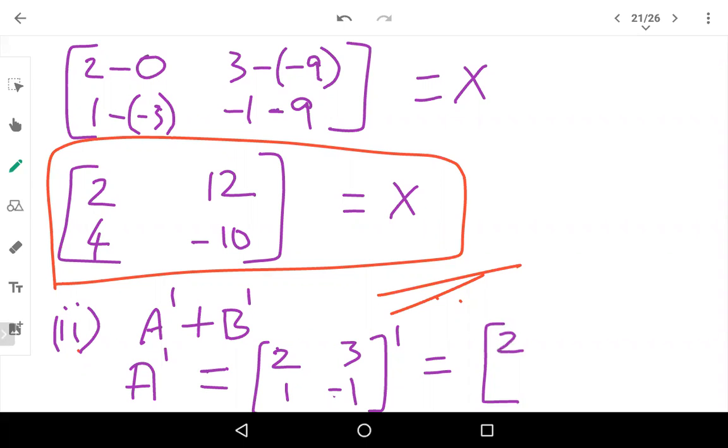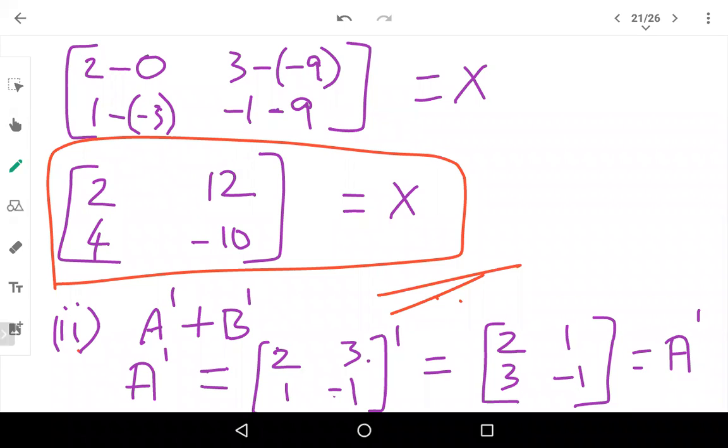So 2 and 1 will become the first row. Next, 3 and minus 1, the second column, will become the second row. So this is the new matrix, that is A transpose: 2, 1, 3, minus 1.